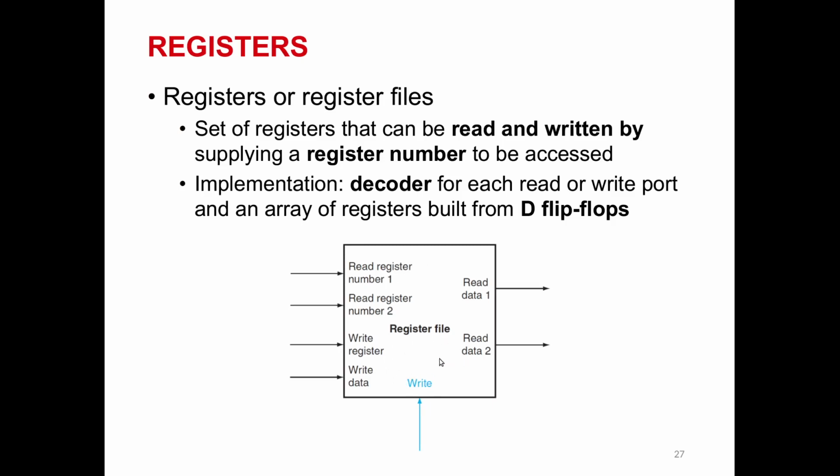Inside this register file, we need two numbers, read register number 1 and read register number 2. These two inputs will decide which registers inside our register file will be read and sent to read data 1 and read data 2.